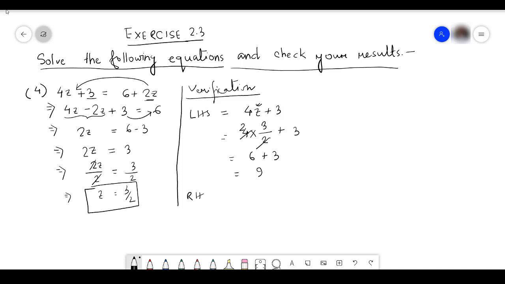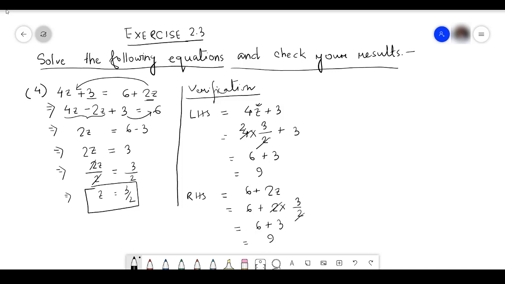Coming to the right hand side, we have 6 plus 2z, which is 6 plus 2 into, in place of z we are putting the value 3 by 2 again. So the 2 got cancelled. We got here 6 plus 3. The result comes as 9.